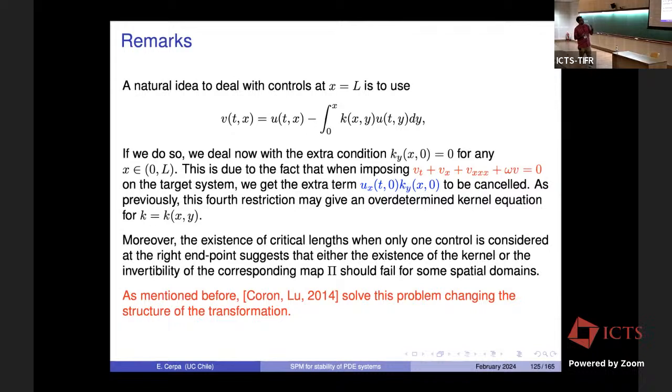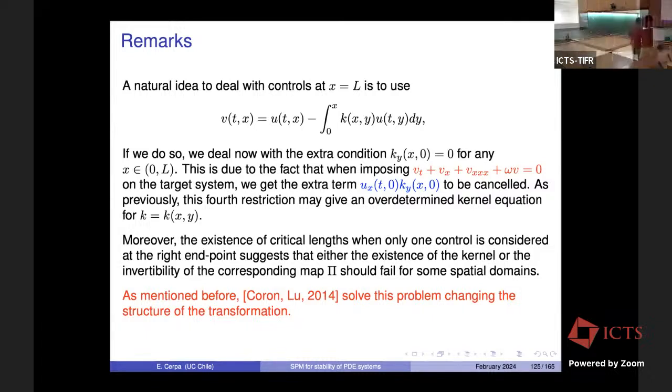Okay, so if some approach like this works, you have to recover the situation that the approach can work for some L, but you have to be able to see that this approach is not working for the critical length L. Okay, so it's a warning that it is a very hard problem in order to do a backstepping transformation like that.